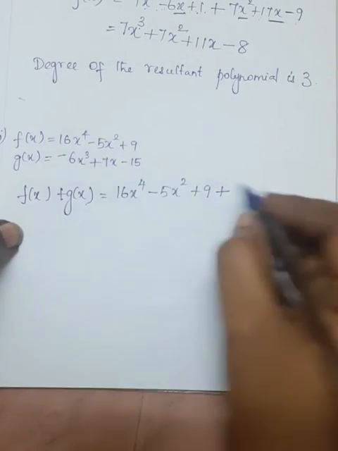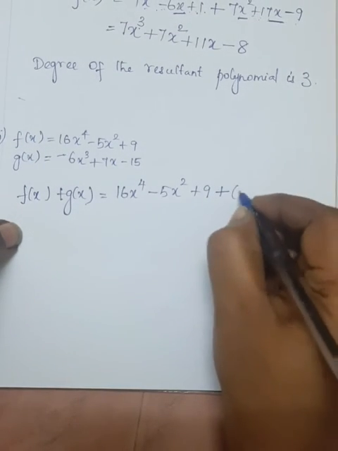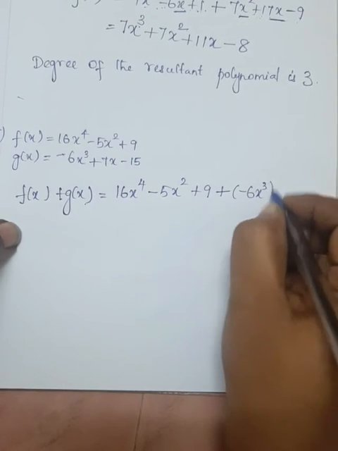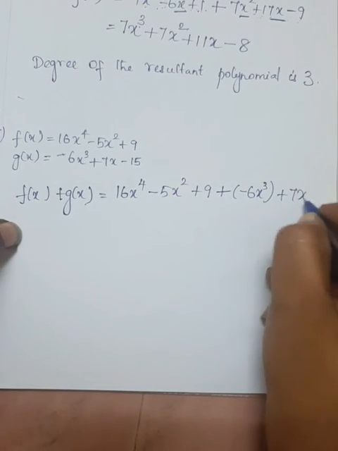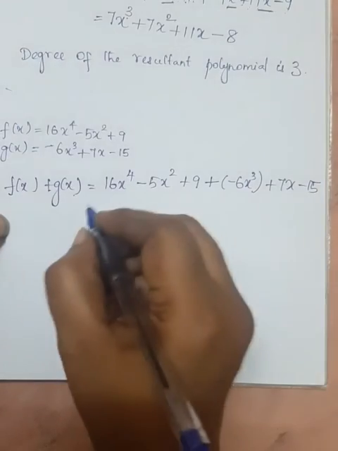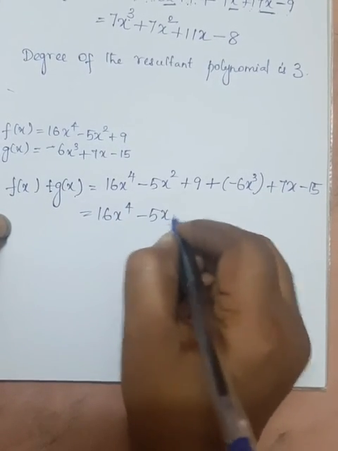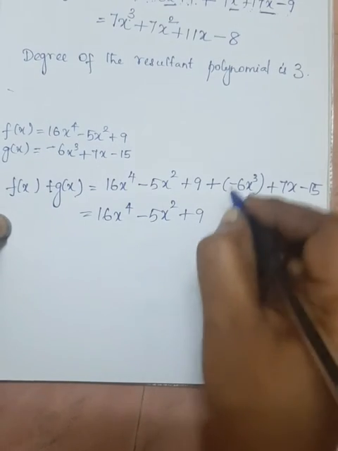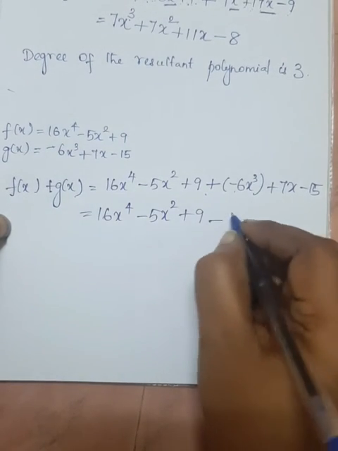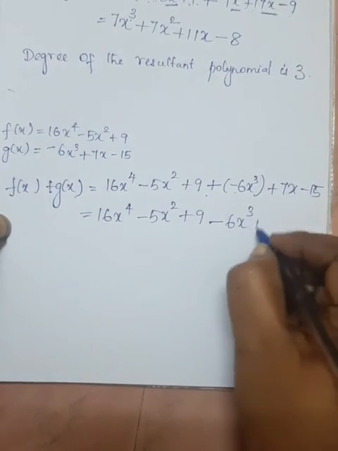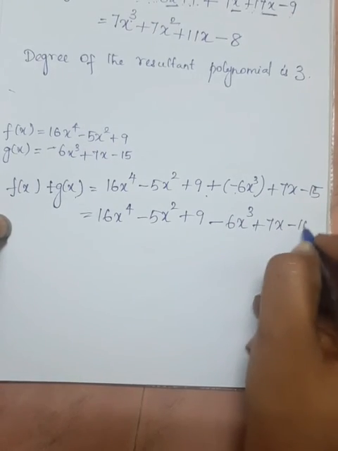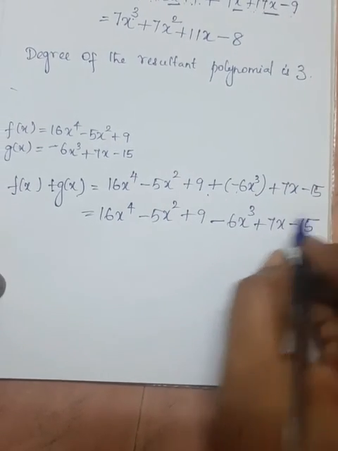G of x is minus 6x cube plus 7x minus 15. Now, which is the highest power?